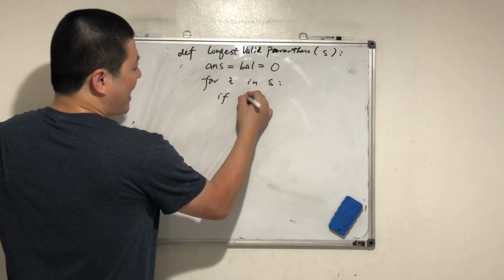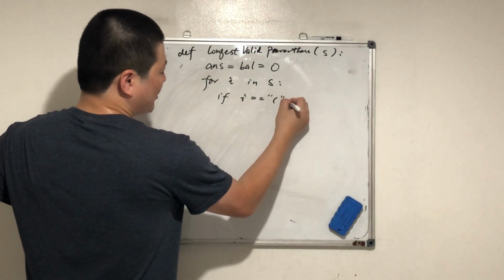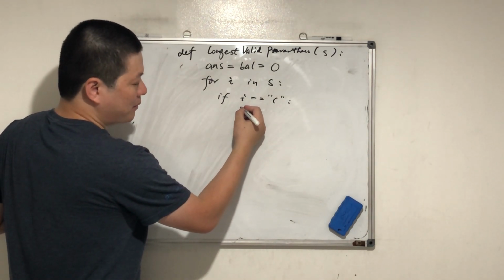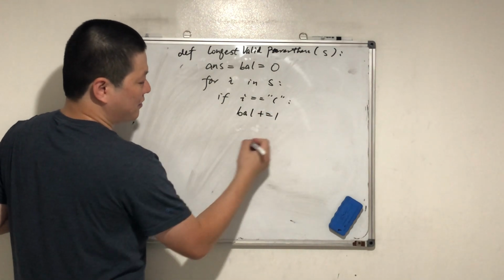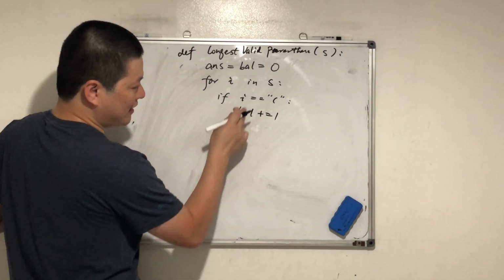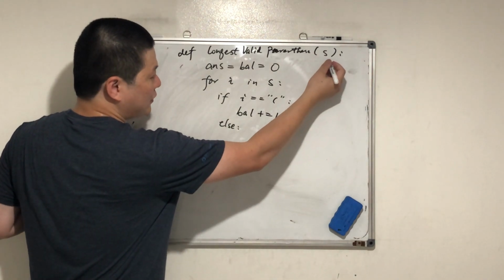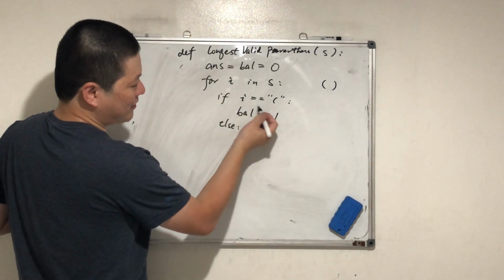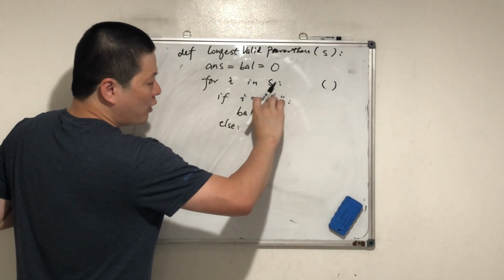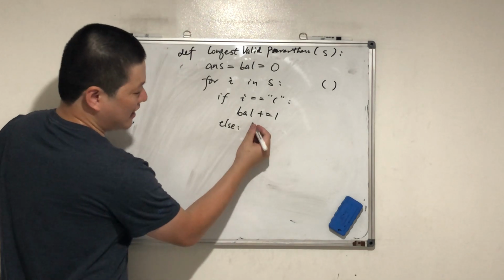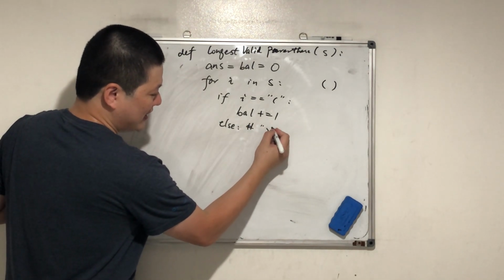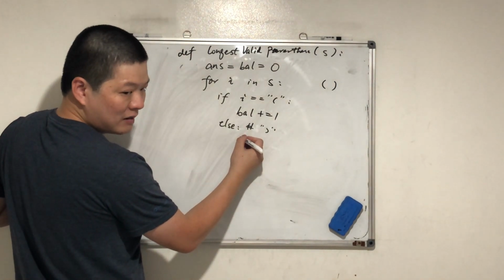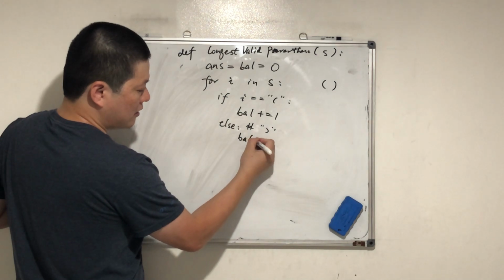If i is opening, balance plus equals 1. Else, since the string only contains opening and closing, we don't need to check if it's closing. This is a comment. Else, balance minus equals 1.